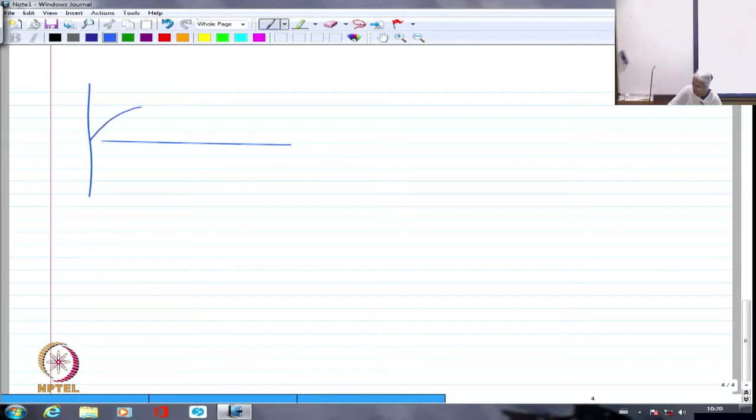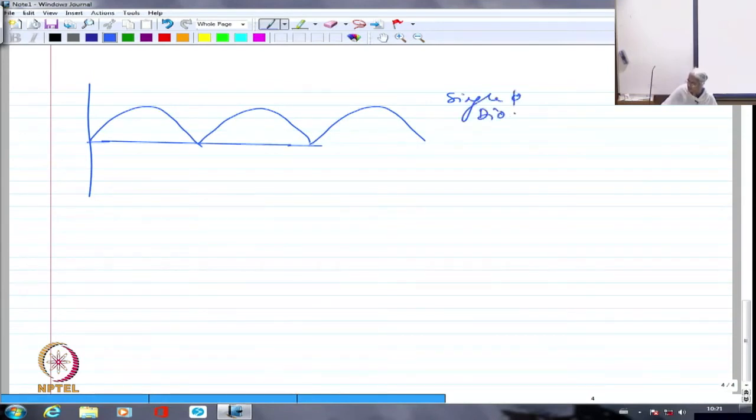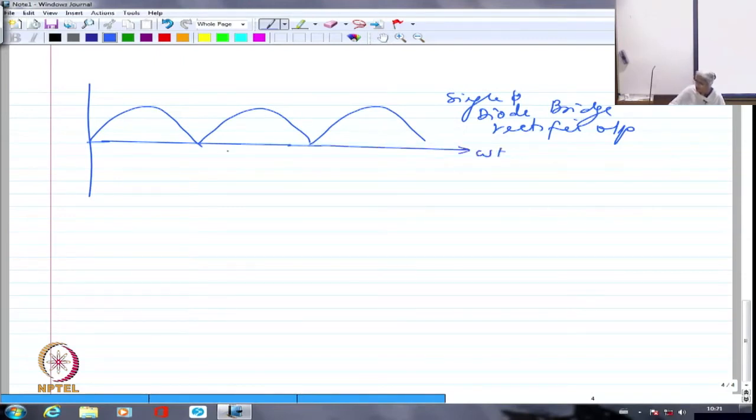This is how it was, in single phase case when I had just diode, full bridge diode rectifier, which is uncontrolled. So this is single phase diode bridge rectifier output, right? So this was omega t and this was pi, this was 2 pi and this was 0. That's how it was. And the peak was Vm and the minimum value was 0.